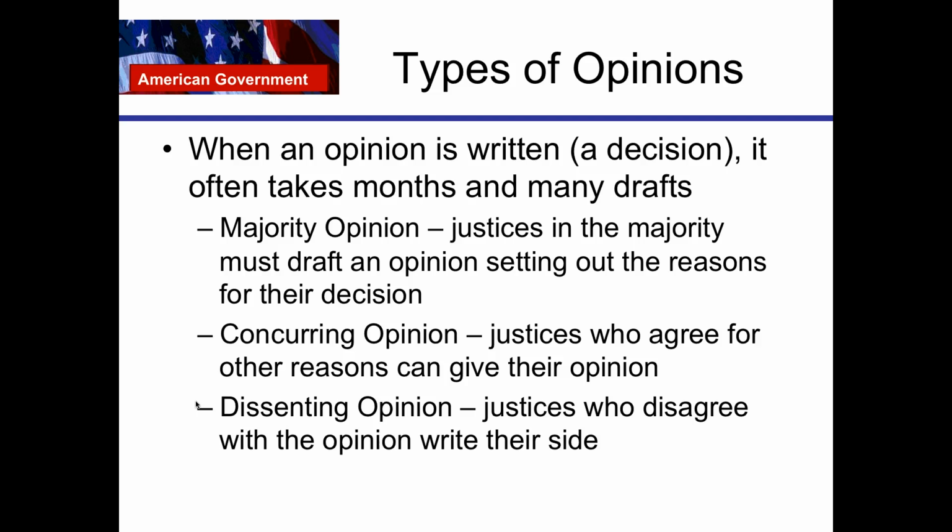This is for justices who agree with the majority opinion, but they have different reasons for agreeing to the outcome, and so they're going to give their reasons. That's the concurring opinion. And you have the dissenting opinion, which includes justices who disagree with the opinion, and they write their side. They disagree with the decision, and they're going to write about why they disagree with that decision. That is called the dissenting opinion.